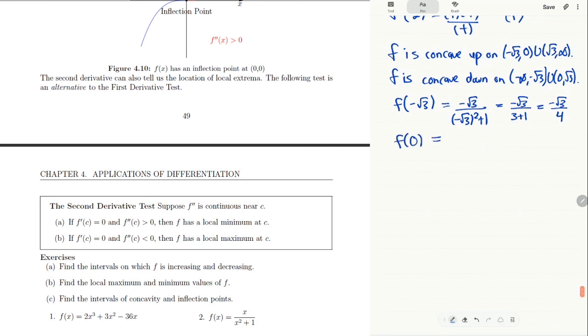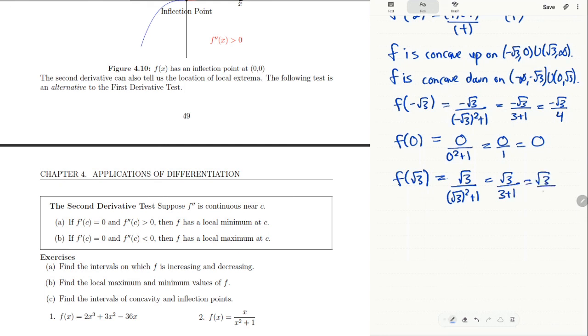Next, we'll evaluate 0. So that's 0 over 0 squared plus 1. That's 0 over 1, which is 0. And lastly, at positive root 3, we get root 3 over (root 3 squared plus 1), which is root 3 over 3 plus 1, which is root 3 over 4.